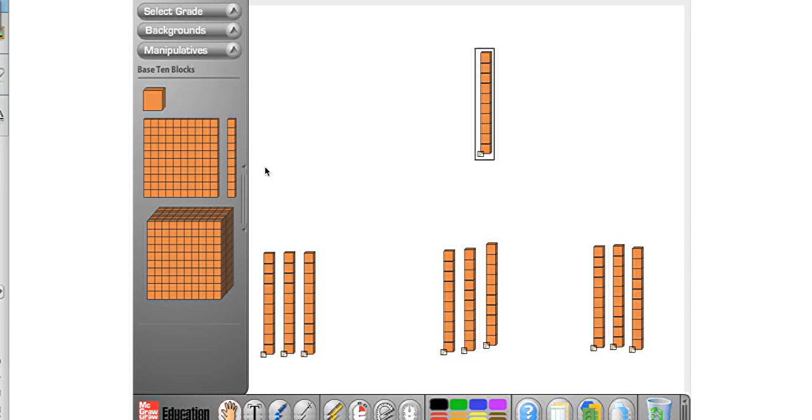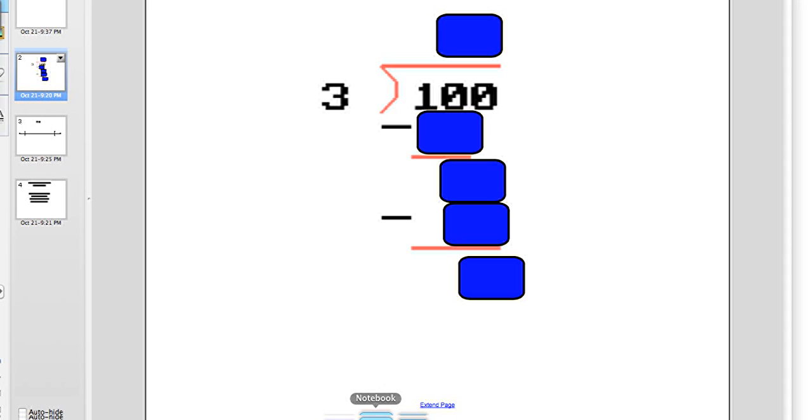So let's go back to that first step, because remember, we're trying to relate this to the algorithm. So we took 100 and tried to divide it by 3. Could we divide it by 3? Well, no, because we had one whole 100 block. So we had to take that 100 block and split it up, right?